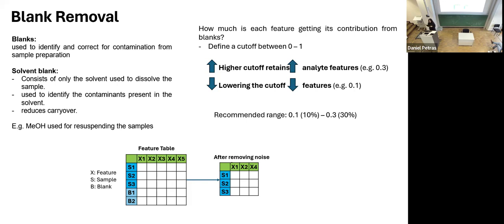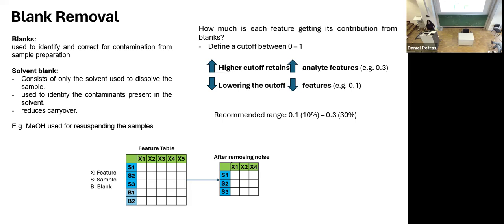For example, if 1, which is 100%, you basically want to retain all the features and you do not want to cut out anything. But if you choose, for example, 0, you want to remove everything. The recommended range that we use is between 0.1 and 0.3, which is between 10 and 30%. So this is how your feature table looks.